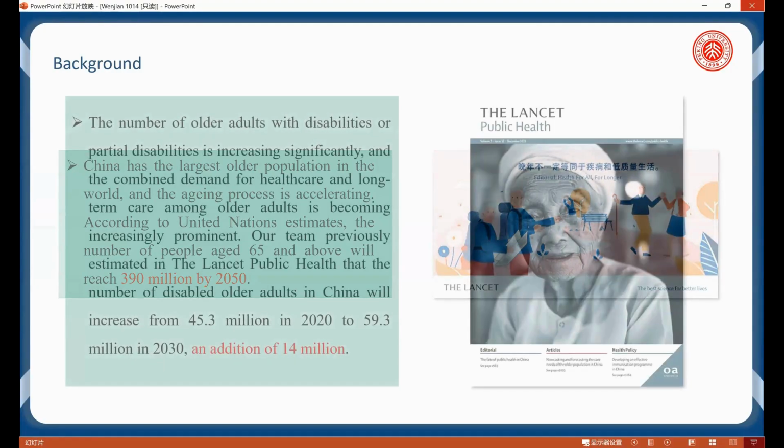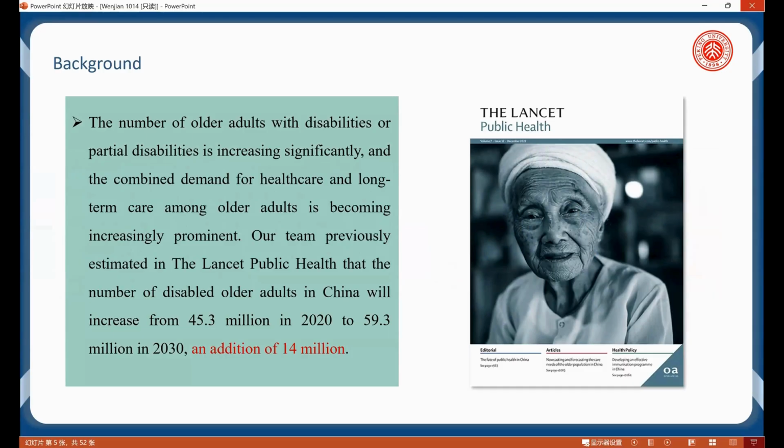The number of older adults with disabilities or potential disabilities is increasing significantly, and the combined demand for healthcare and long-term care among older adults is becoming increasingly prominent.